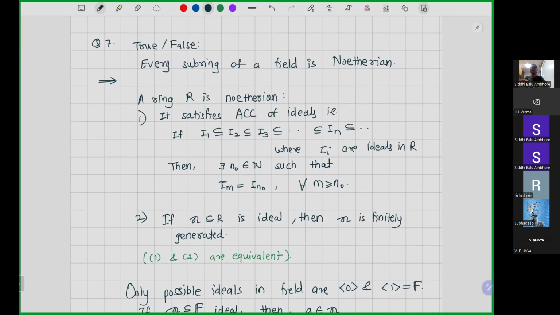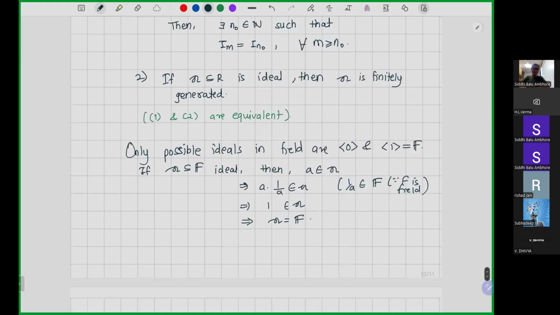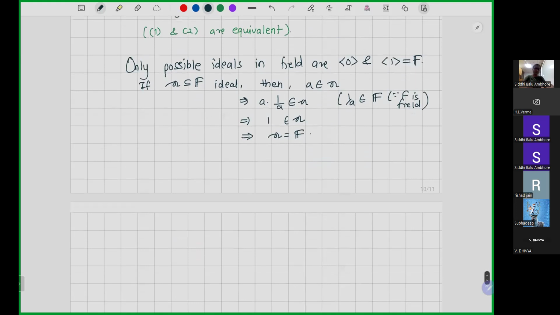If not true, can somebody suggest a counterexample? Guesses from someone else? If not, then this is not true.